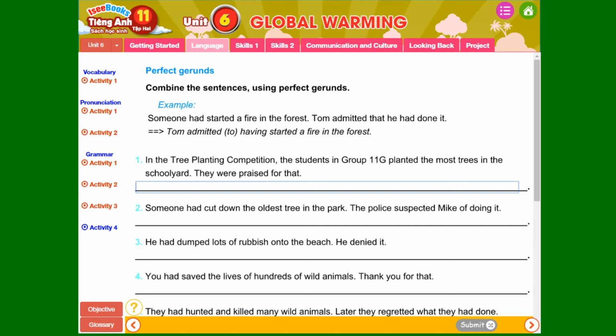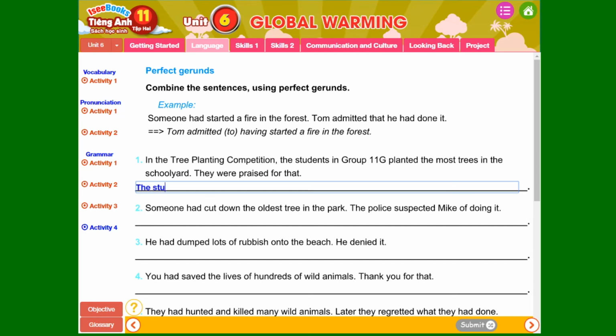So the first one, you write, the students in group 11 were praised for having planted the most trees in the schoolyard in the tree planting competition.